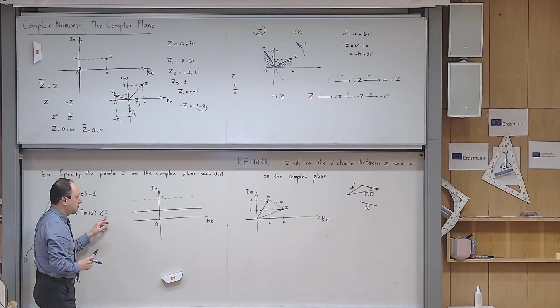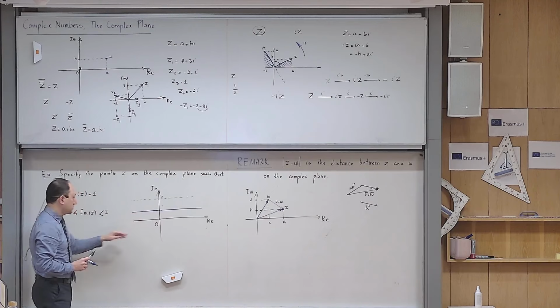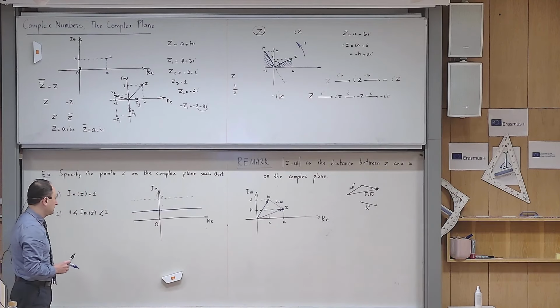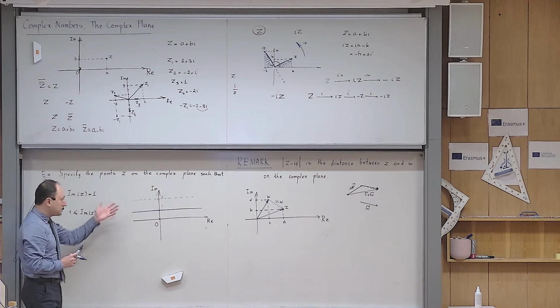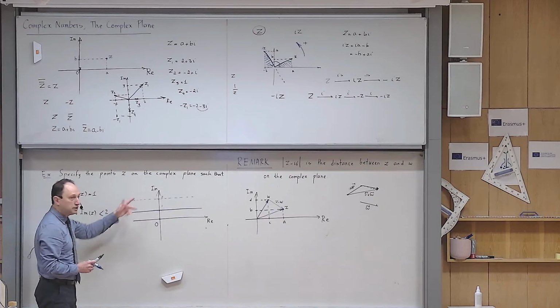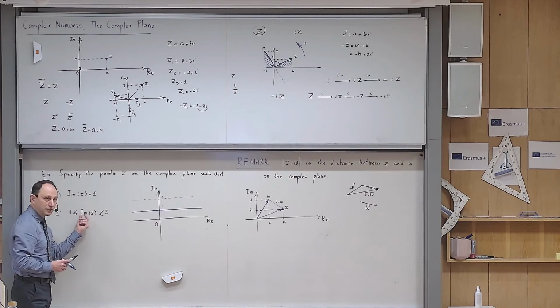It's not allowed to be bigger than 2. I'm not allowed to go below this line, because in that case, the imaginary part becomes smaller than 1. But everything between 1 and 2 is acceptable. So this is not a good picture. If you just draw this one, you are indicating 2 straight lines to me. But that is not what we mean. We mean everything in between as well.